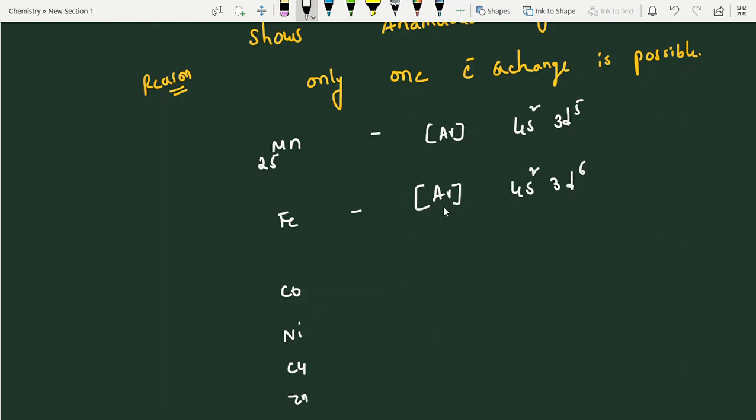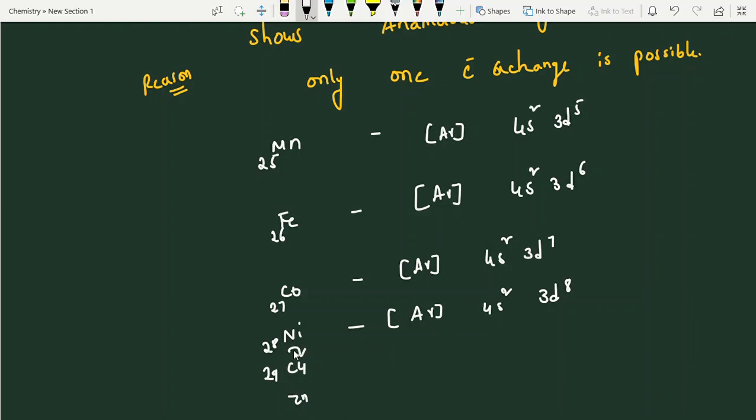Iron: 4s2, 3d6. Yes, cobalt 27, argon. Yes, tell me students, 4s2, 3d7. Next, nickel. What is the atomic number? Yes, 28. So argon 4s2 and then what, students? 3d8, right?